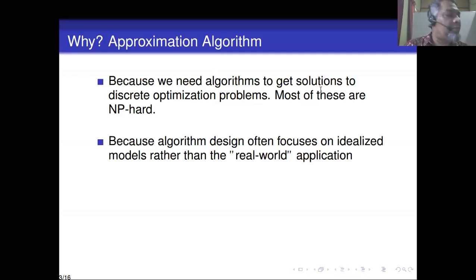The second point is that algorithm design often focuses on idealized models rather than real world applications. When we define some discrete optimization problems, there are many situations and constraints which make the problem difficult.